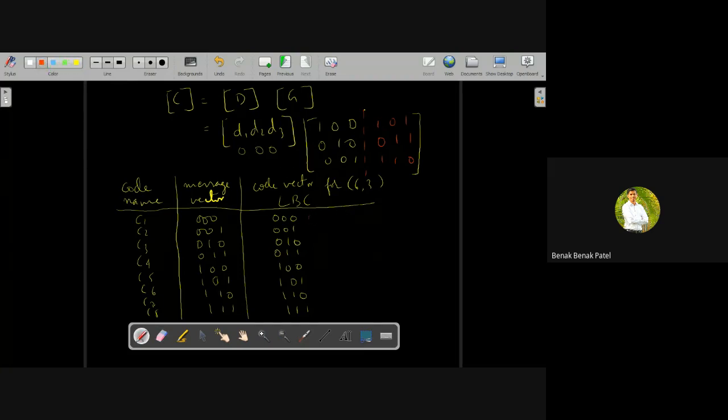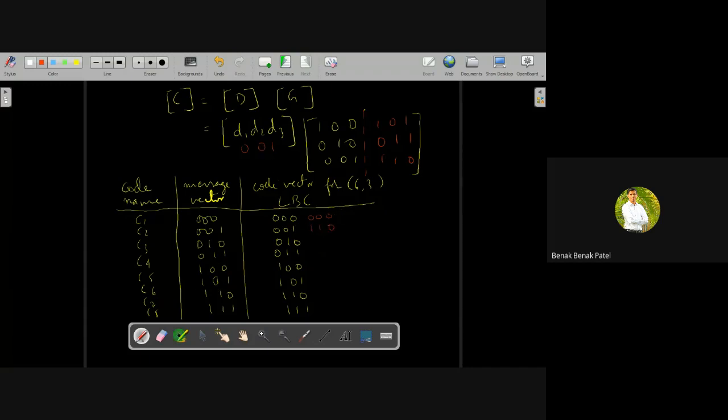Now for my next message vector, that is 001, I've got to consider only the last row, because that's how matrix multiplication is done. So for 001, this one represents the last row, so that is what I'll be getting over here.